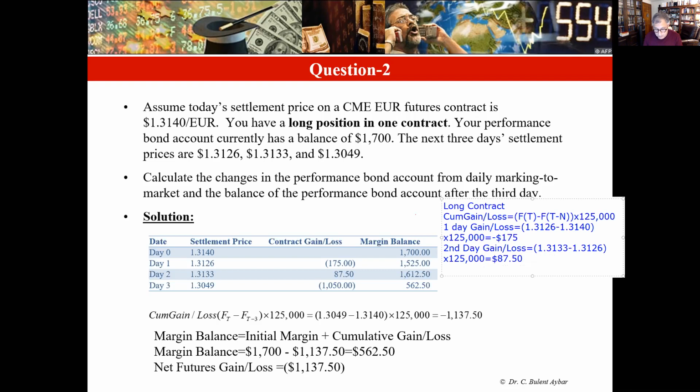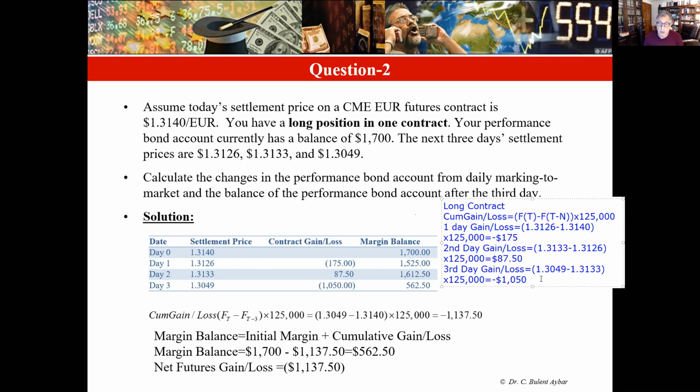Third day, gain or loss is going to be equal to 130.49 minus 131.33, times 125,000. As you see, price declines substantially. Long party is going to lose a lot of money in this case. This will lead to a loss of $1,050.